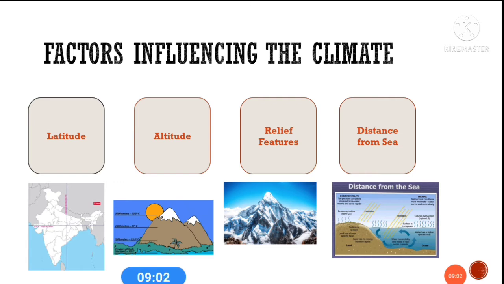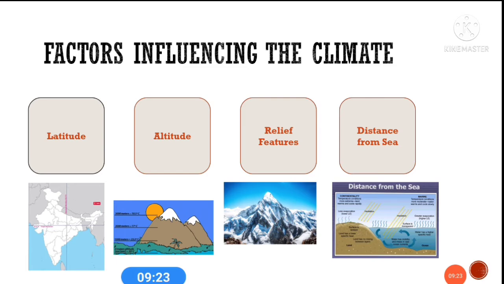Let me take an example of Delhi, which is away from the sea and has an extreme type of climate, whereas places near the coastal area have a maritime type of climate. Delhi and Rajasthan are away from the sea's influence, due to which they have a continental type of climate.